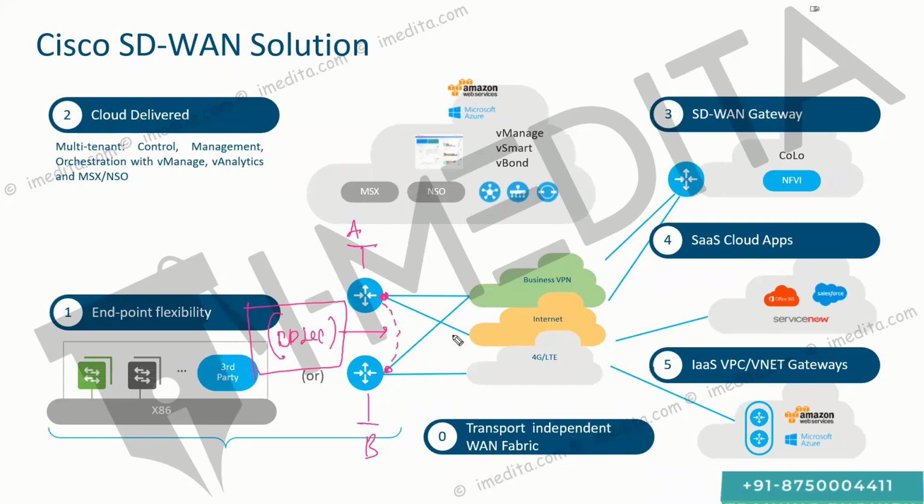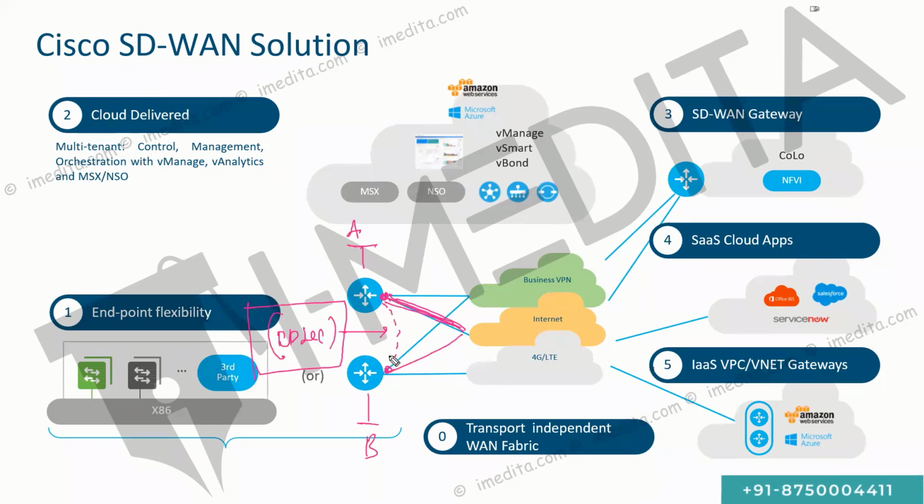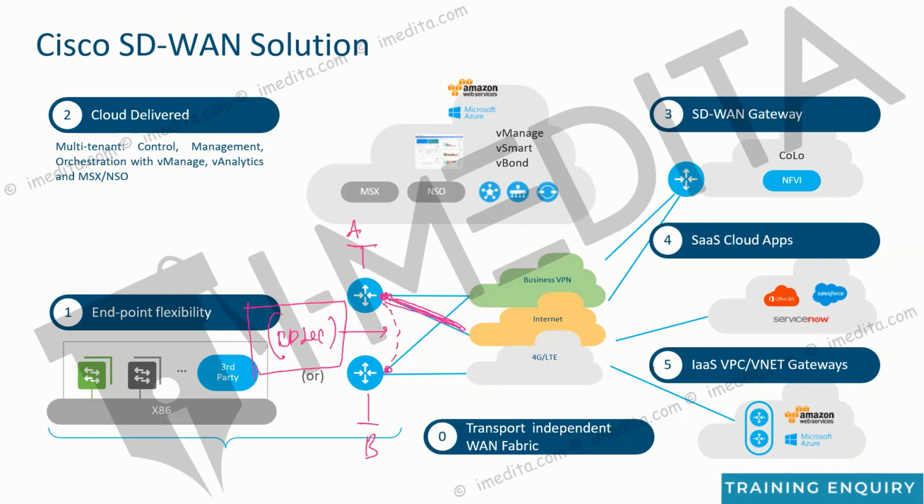So I don't really care if I have provided my reachability between these two devices via internet, via 4G LTE, via whatever. I do not actually care. Because I could use a costly MPLS solution, or I can actually use just a broadband connection. As long as the reachability is there, my traffic will be delivered securely from one side to the other side with the help of the IPsec.